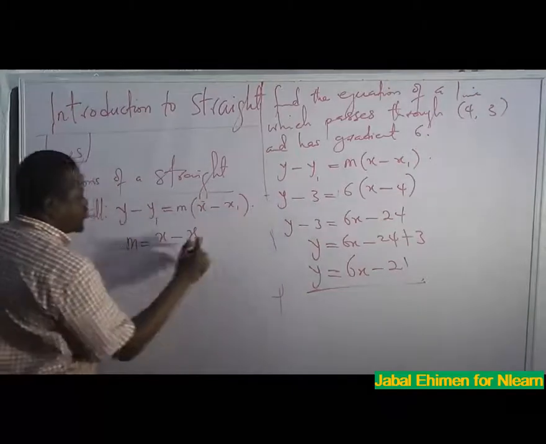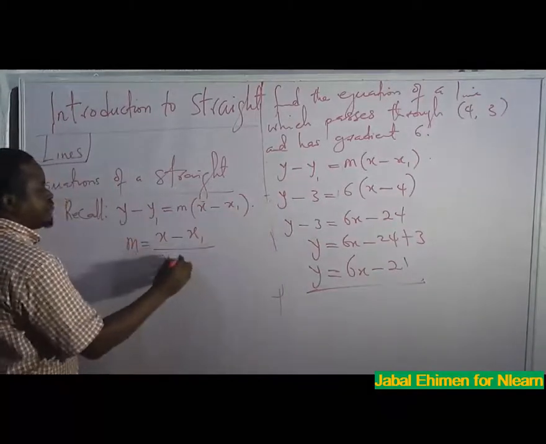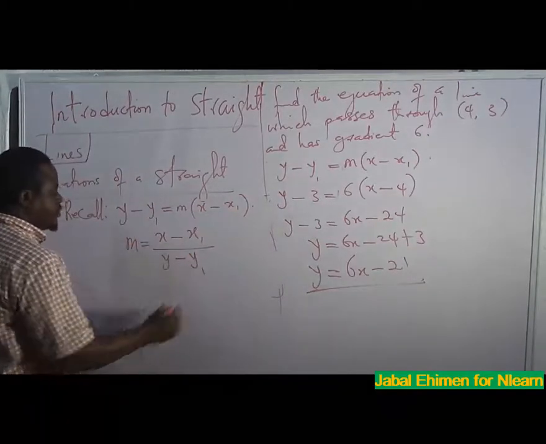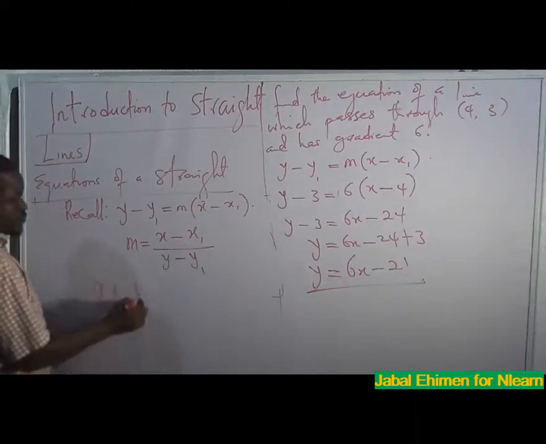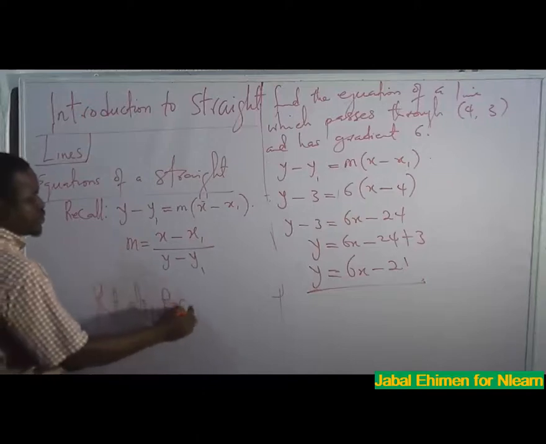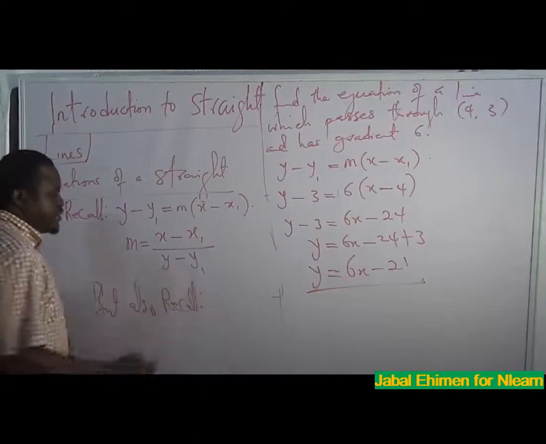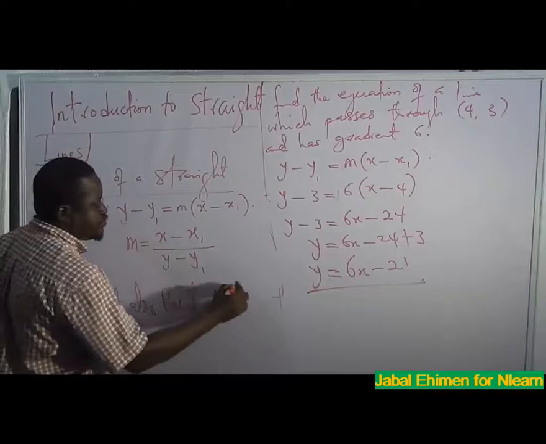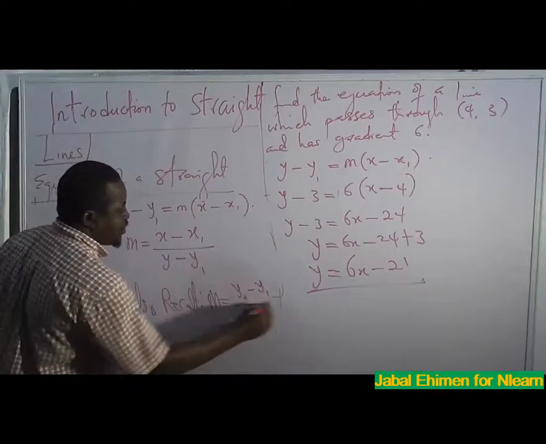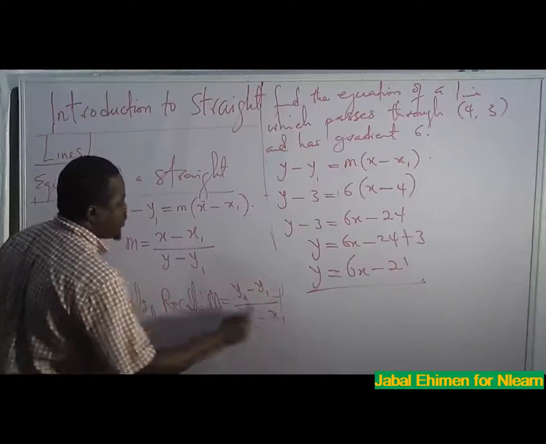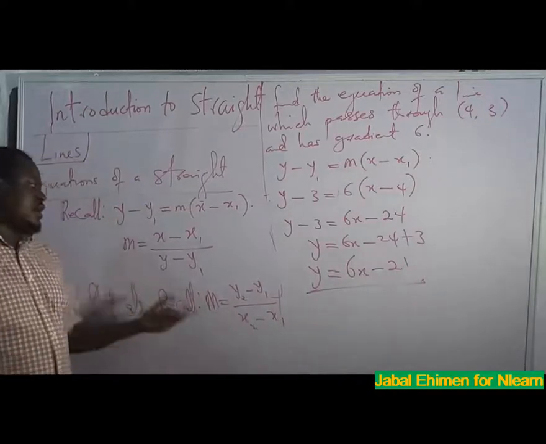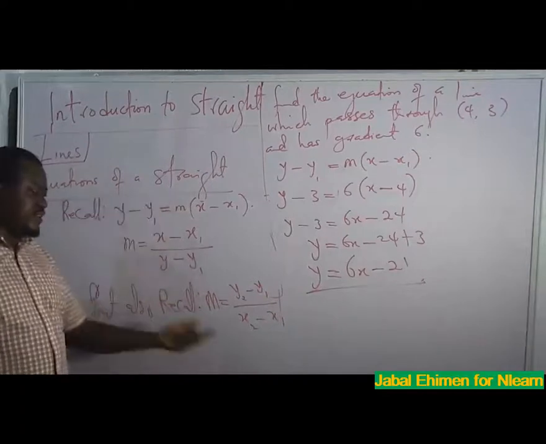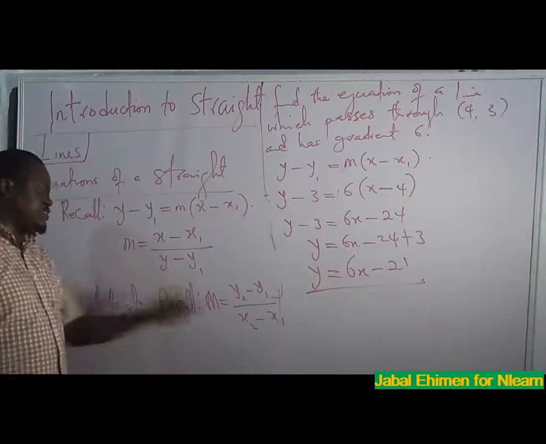But also recall that m itself is y2 minus y1 over x2 minus x1. If m is this, and these two equations are the same, you can just replace this m here.